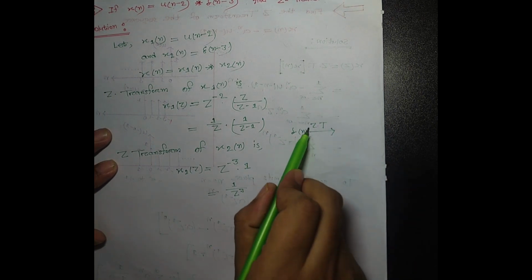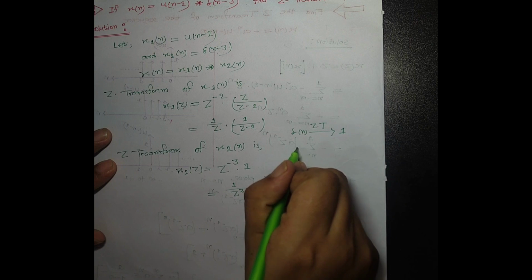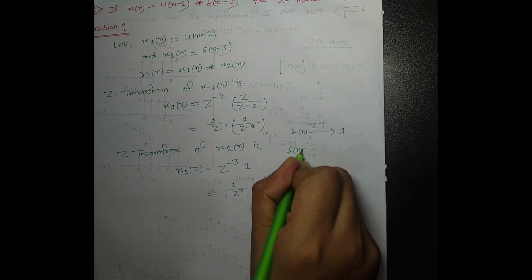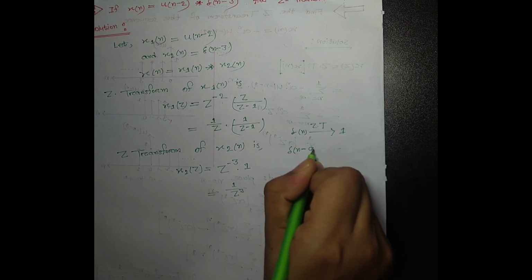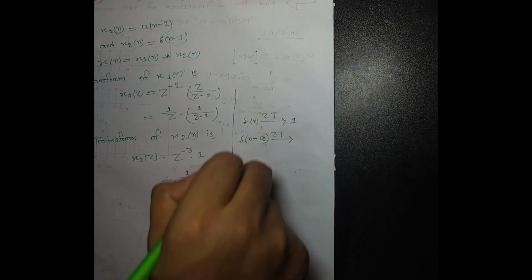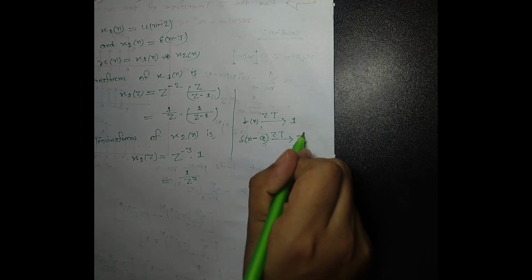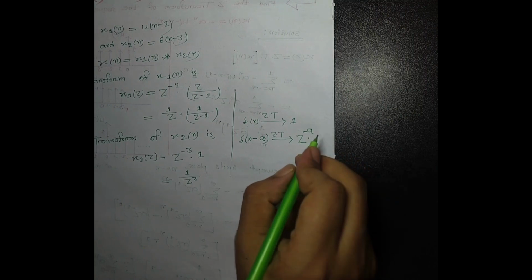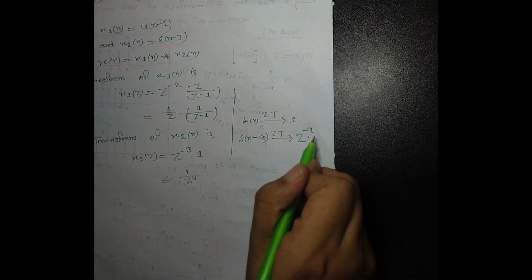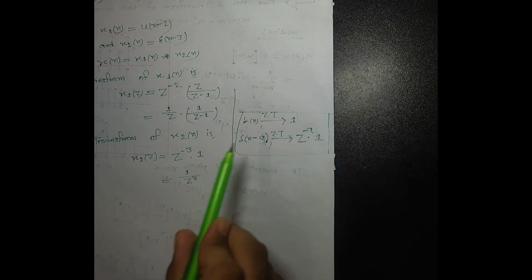The Z transform of delta of n is 1. For reminder, note this.